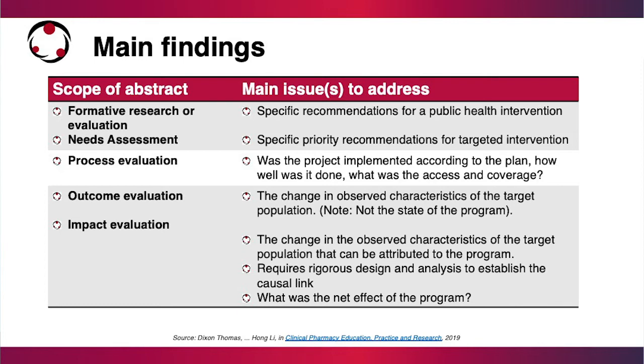Outcome evaluation looks at the change in observed characteristics of the targeted population and not the state of the program. Impact evaluation focuses on the change in the observed characteristics of the target population that can be attributed to the program.